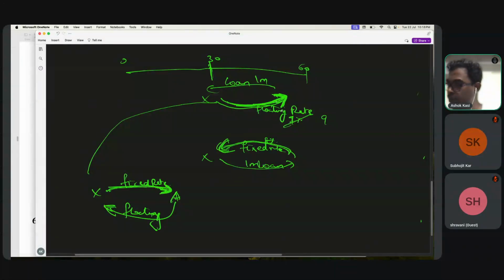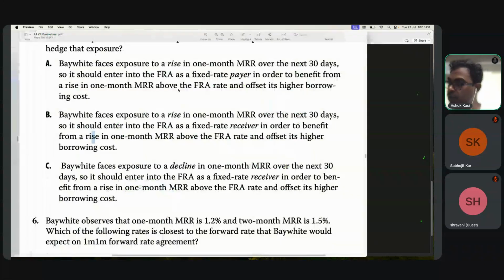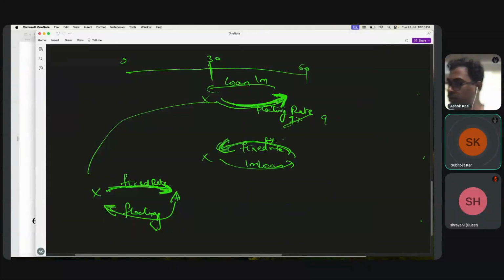As a fixed rate payer, it should enter into the FRA in order to benefit from a rise in 1 month MRR. So this means that they are receiving floating interest, right? If they are to benefit from the rise in interest.